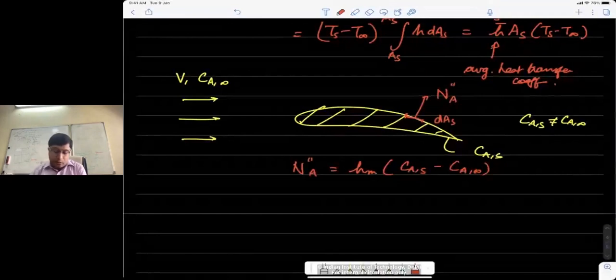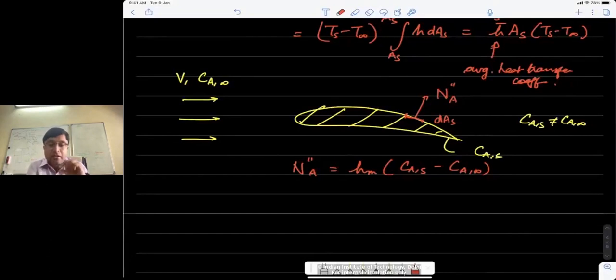Now, what is species A? A would typically be some kind of vapor phase which is being transferred due to evaporation or sublimation from the surface. If the surface was a solid, then sublimation of a species residing on the surface of this solid would result in species A getting transferred from the surface to the surrounding fluid.